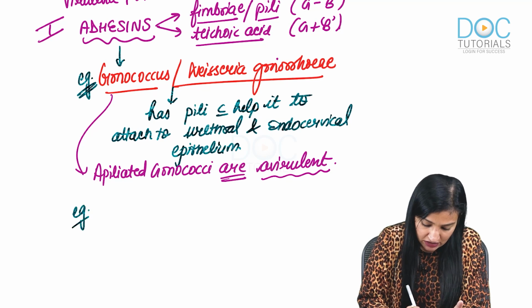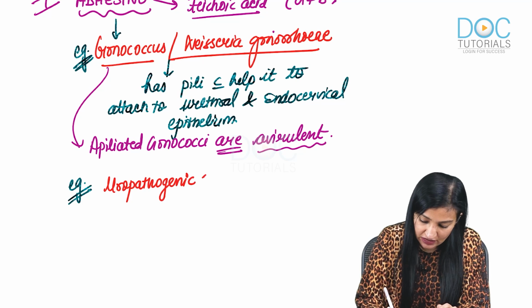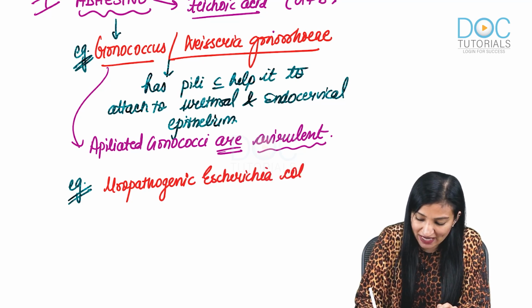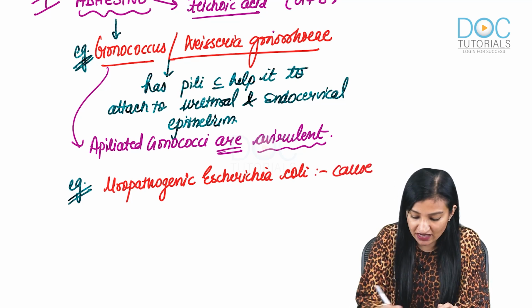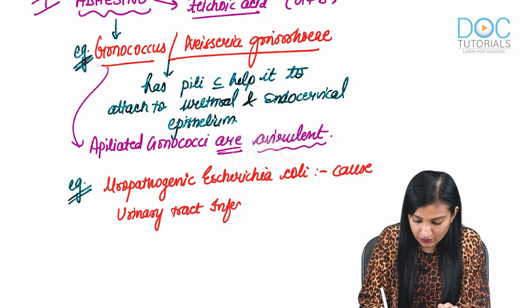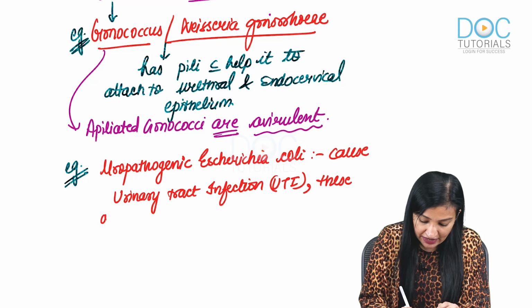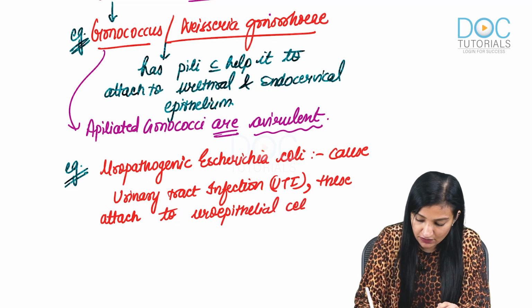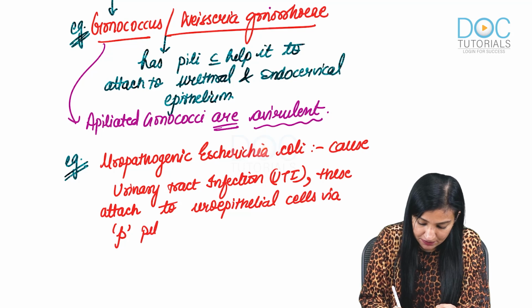Then this is one example. Then the other important example is uropathogenic Escherichia coli, which cause urinary tract infection or UTI. These organisms attach to the uroepithelial cells via what is known as P pili.